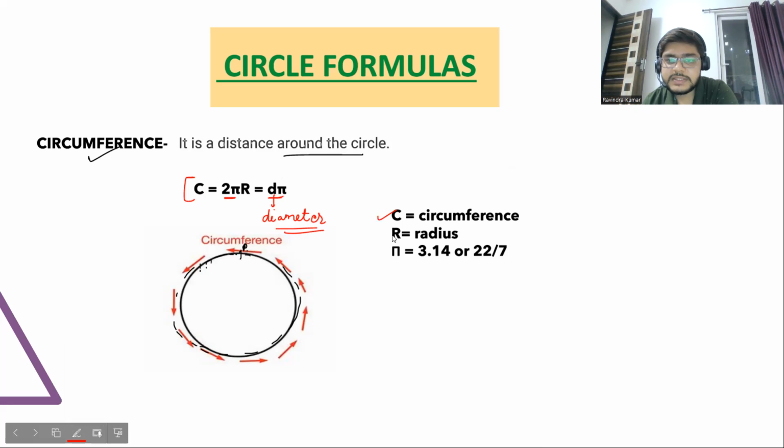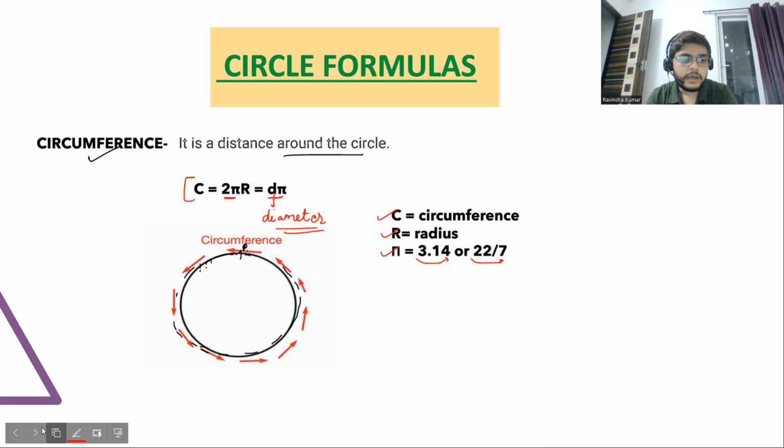C is the circumference, r is the radius, and pi is a constant term whose value is fixed. We can take it as 3.14 or 22 divided by 7, as per our comfort or as per the question. We can take either of these values, both are correct.